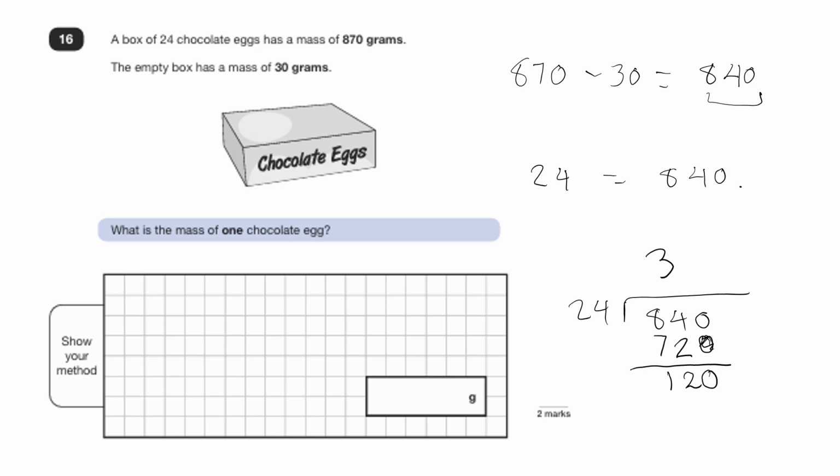How many 24s are there now in 120? So I do 24 times 4, which gives me 96, not quite there. Let's try 24 times 5. 120, yep. So that's 35 grams each. A lot of trial and error.